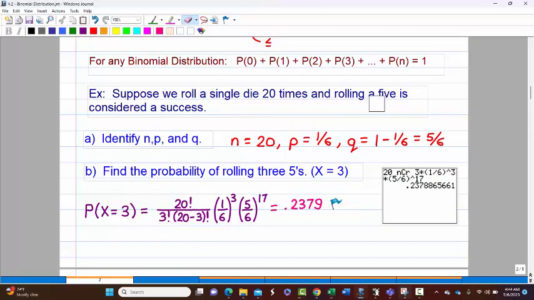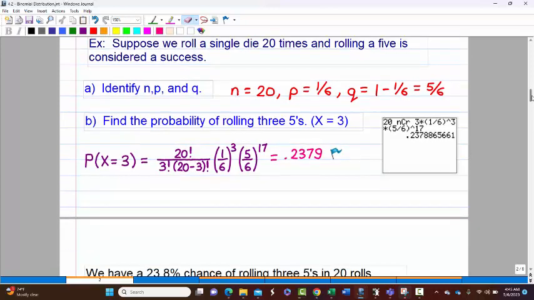This time we're only considering a 5 to be a success. So that's a 1/6 probability. And of course, I wrote we don't need the Q for the technology, but it's there for the formula. You never know. You may have a question that asks you to identify N, P, and Q as a test question like this. Just make sure you know, well, you can use your notes, but make sure you know that Q is 1 minus P.